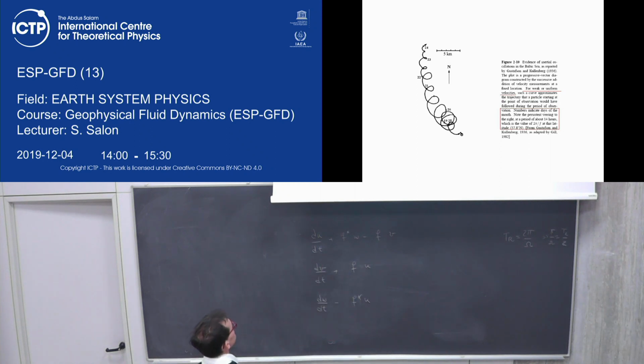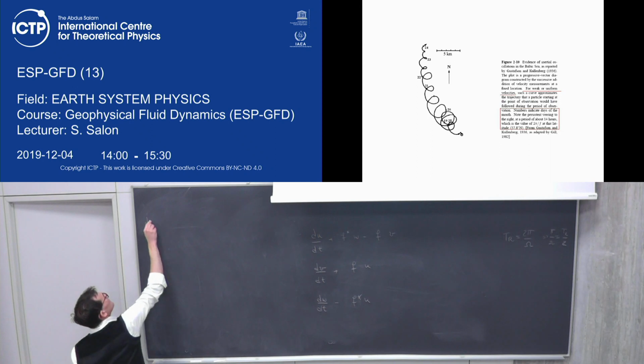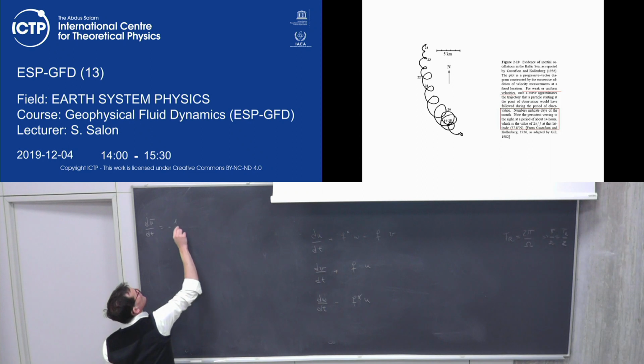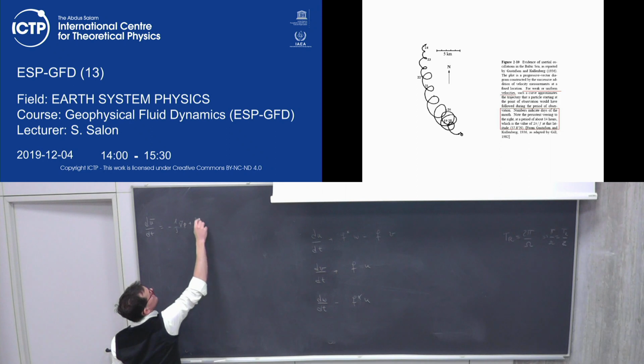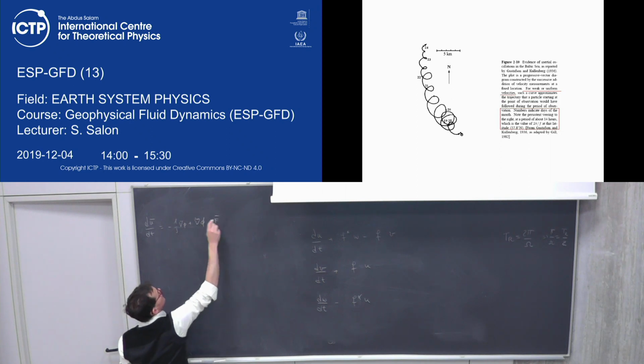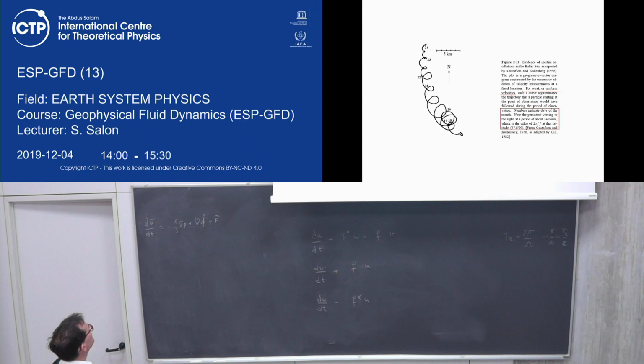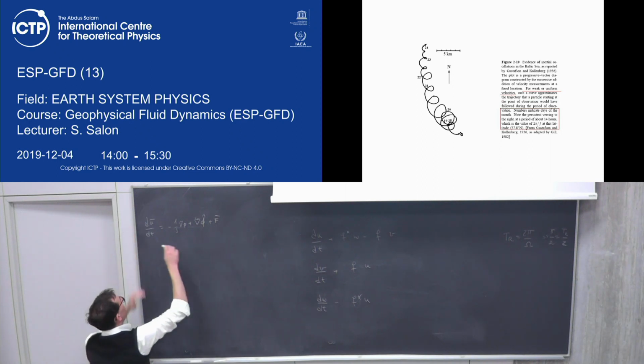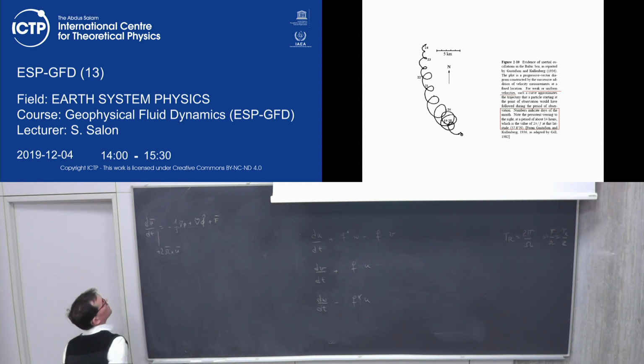You remember that we started with this, for example. So this was the Navier-Stokes equation in an inertial frame of reference. Then we added the Coriolis force, and F divided by rho, the density.